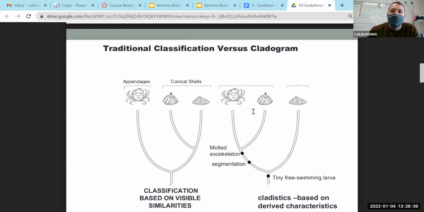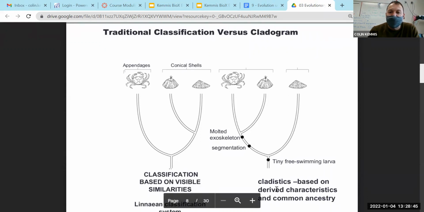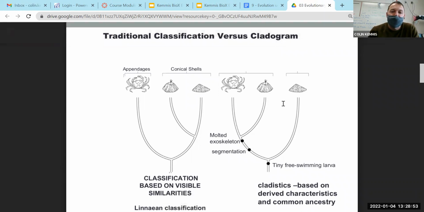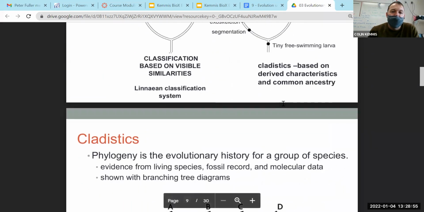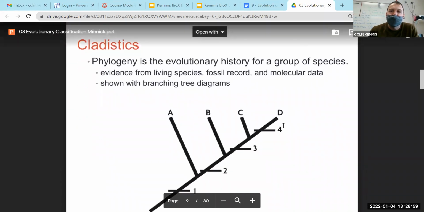Clade, cladogram, cladistics. So make sure you can use all of them. The cladistics is kind of like the study of. The cladogram is the diagram. And then the clade is the group of organisms that share that trait. We'll take a look at those together.